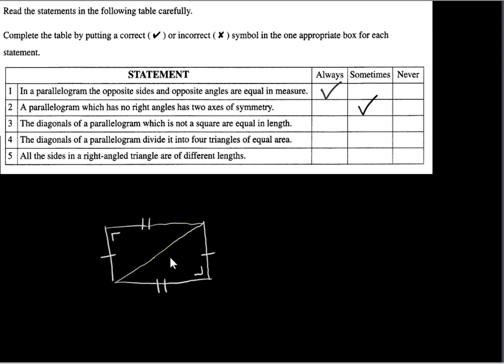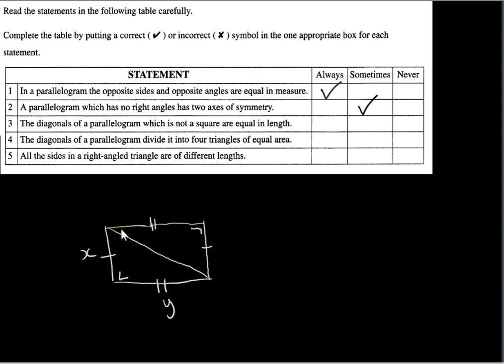Well, we see that these 2 triangles are actually congruent, but they're also congruent to the 2 triangles formed from the other diagonal. They're congruent to these 2 triangles by side angle side.